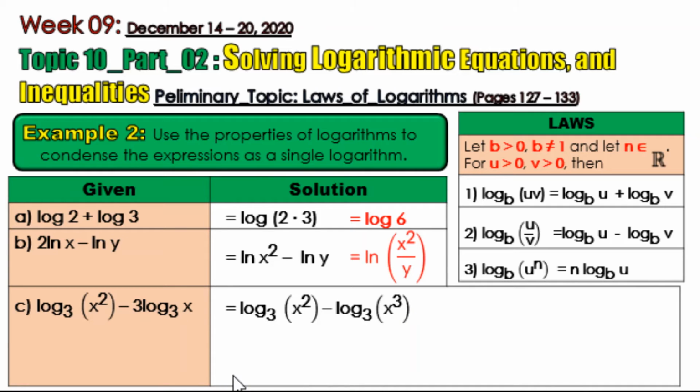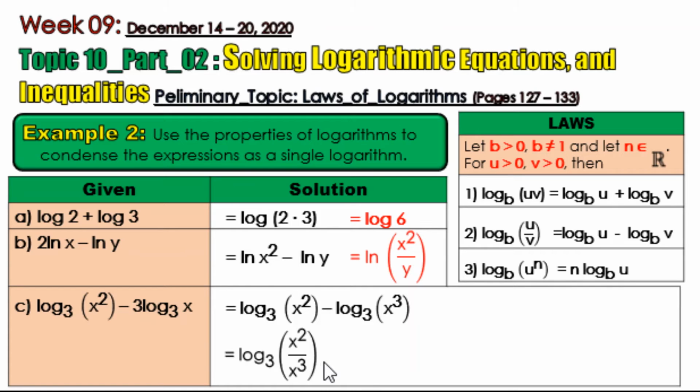Okay, next, what do you think is our next step? So since this is subtraction, it means to say that this can be further condensed as the logarithm of the quotient of the two numbers. So therefore, we have the logarithm of x squared divided by x cubed. Okay, and then since we have the same base, we can then subtract the exponent.